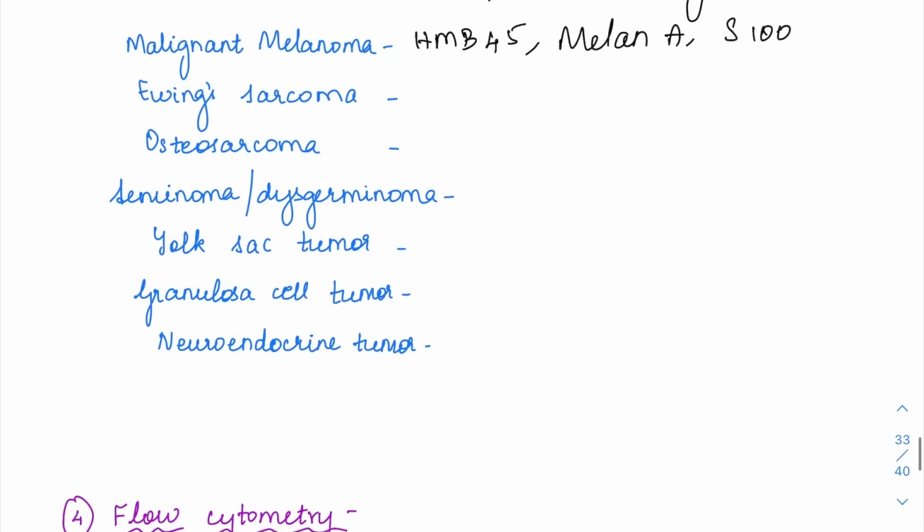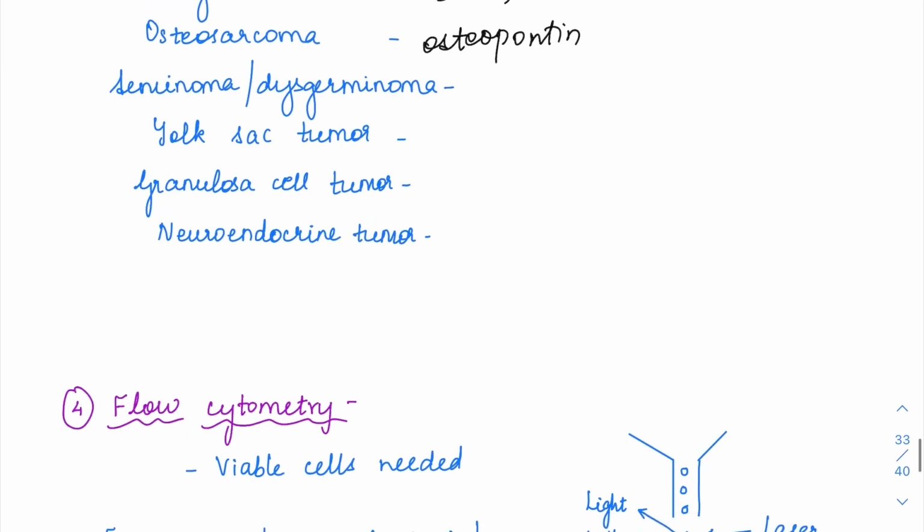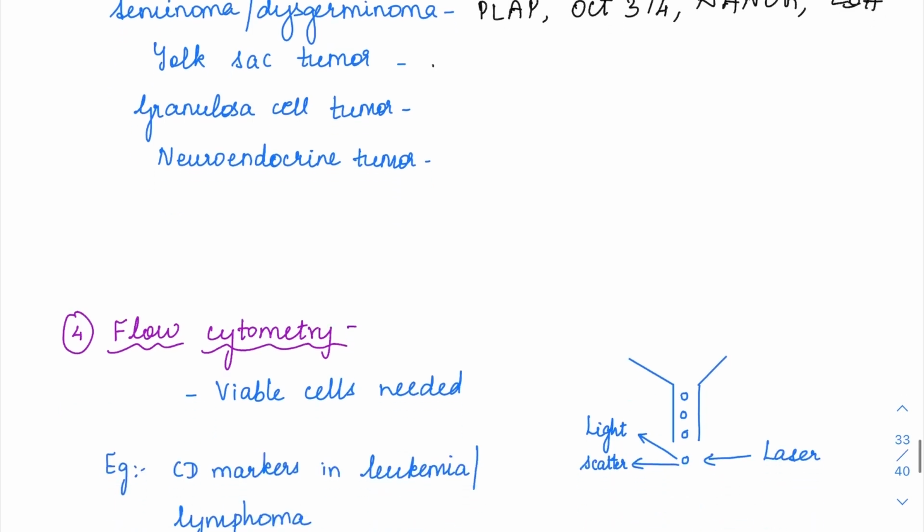Ewing sarcoma, it is CD99 and Fli1. Osteosarcoma, osteopontin is the marker. Dysgerminoma or seminoma, which is a germ cell tumor, we are going to use PLAP, OCT3/4, NANOG, and also LDH. Yolk sac tumor, we can use alpha-fetoprotein.